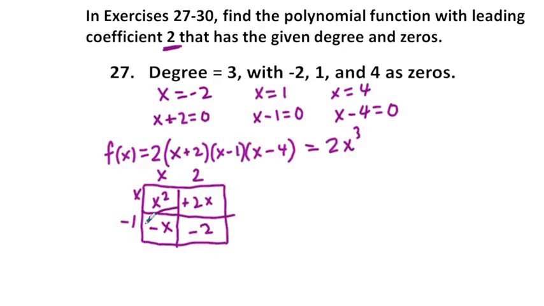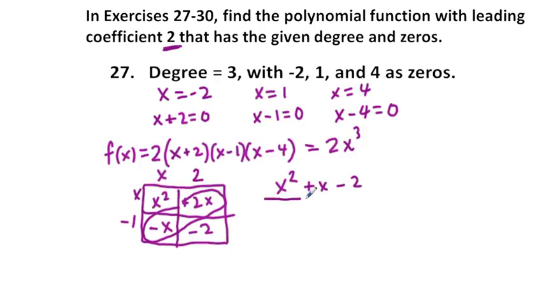So 2x minus x, we're going to get x squared plus x, and then minus 2.